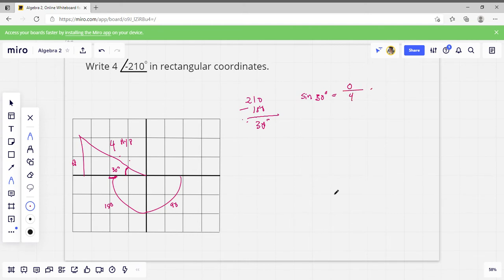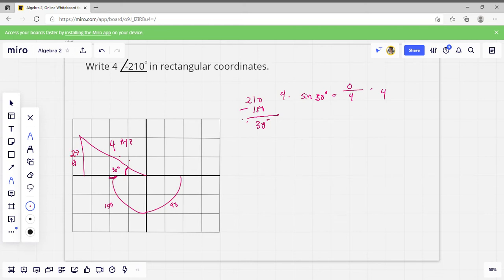So you multiply times 4 on both sides. And that gets us 2. So you do that on a calculator, find your trig function. So the opposite is going to be 2.